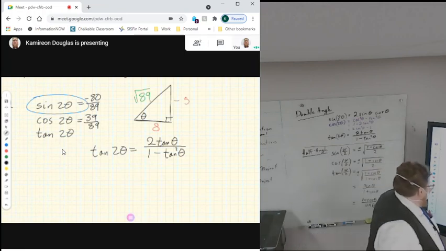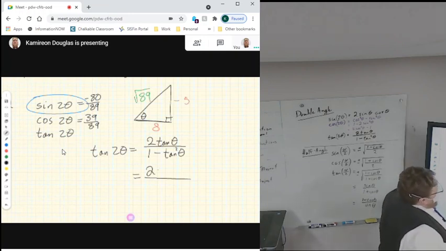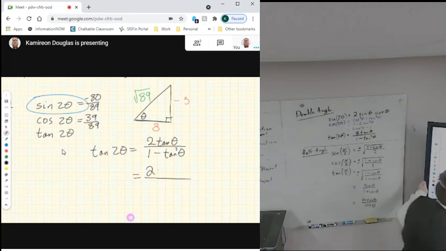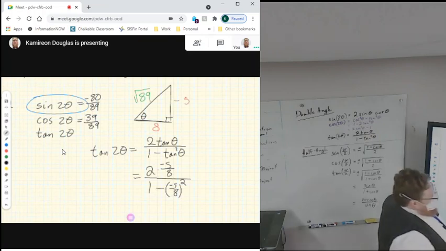So I get 2 times tangent, negative 5 over 8 is on top, 1 minus. I put this in parentheses to remind myself that I have to square it at the end. Negative 5 over... That's it.